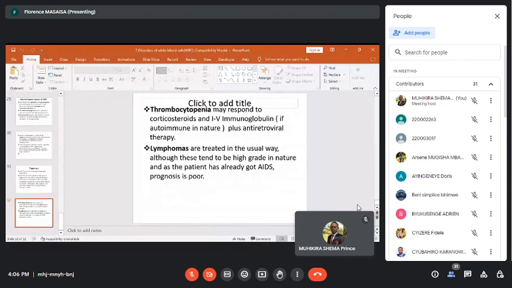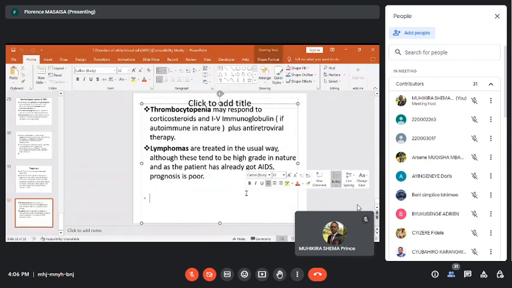So that is all for benign disorders of the white cell, but I have tried to combine them by the format, just mentioning them. And so, any question on that?